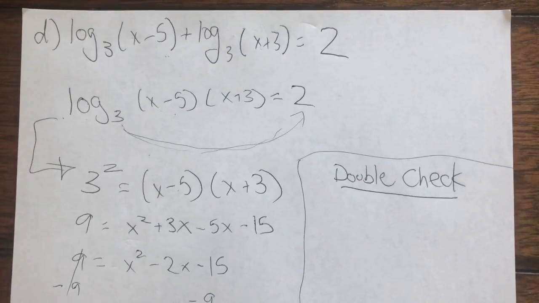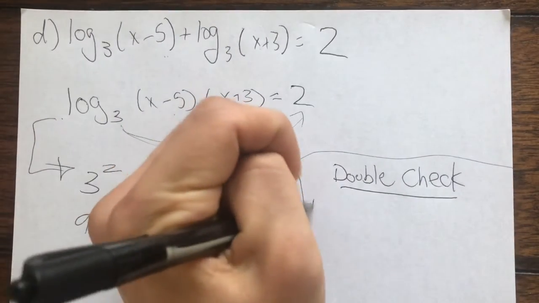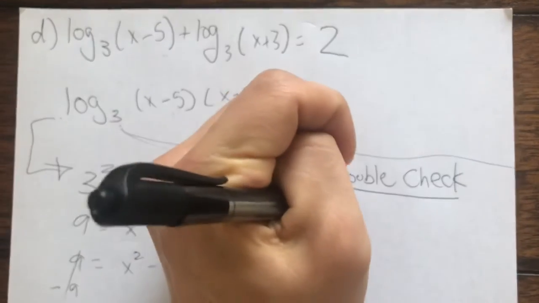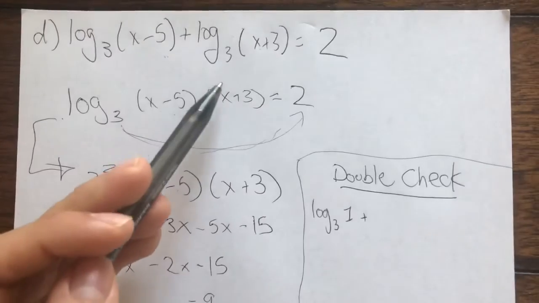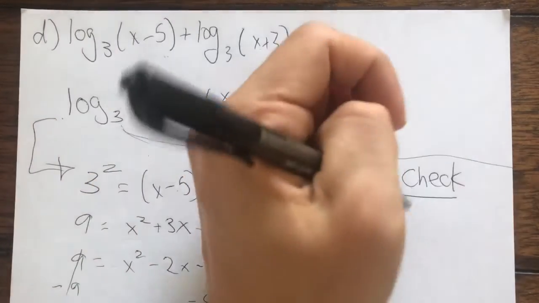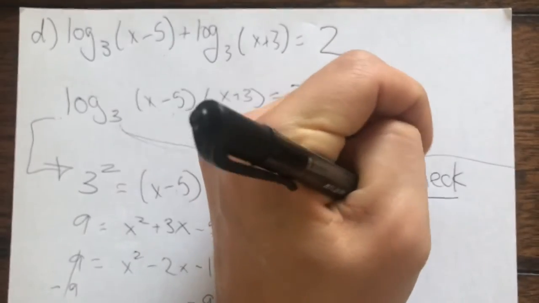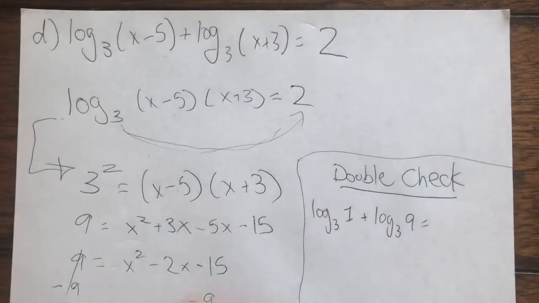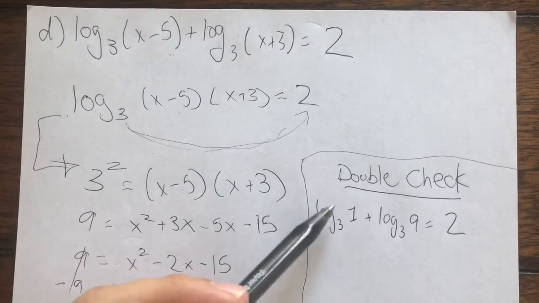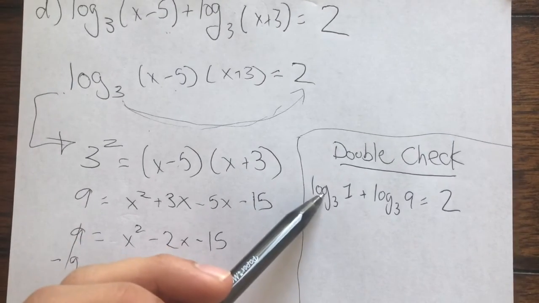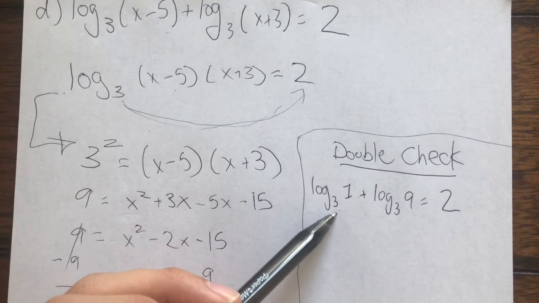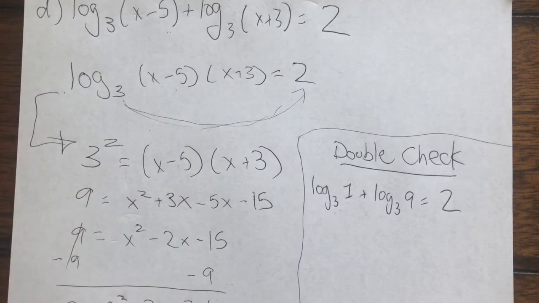So we have log base 3 of (6 minus 5), which is 1, plus log base 3 of (6 plus 3), which is 9. Now, if I evaluate each, log base 3 of 1: 3 to what power gives me 1? 3 to the 0 power.